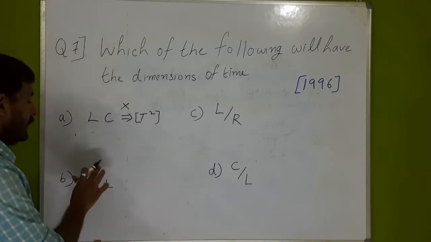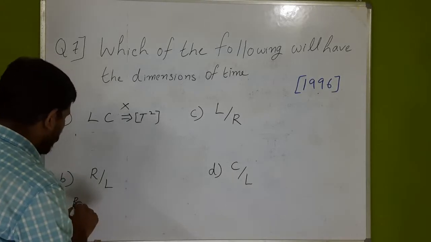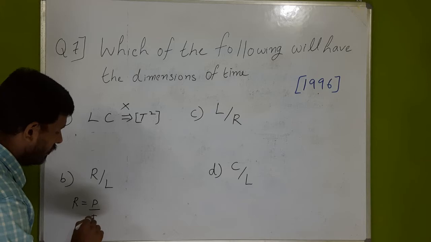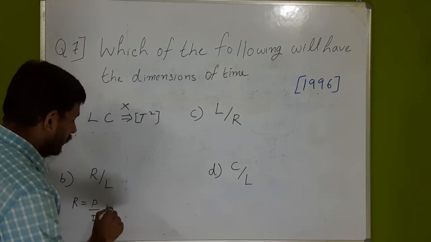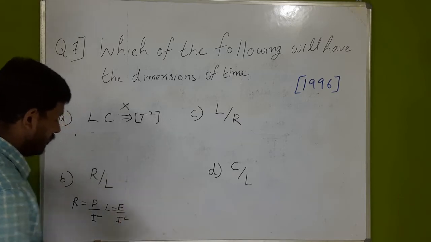Now let us check R by L. So we have resistance R is equal to power divided by current square, and inductance L is equal to energy divided by I square.